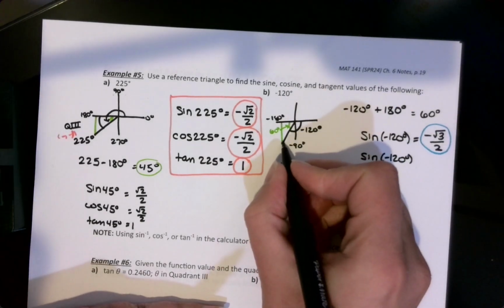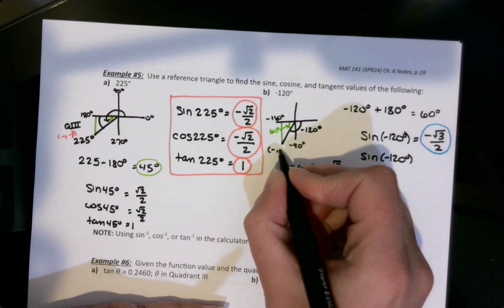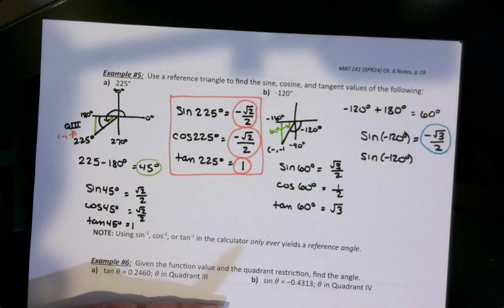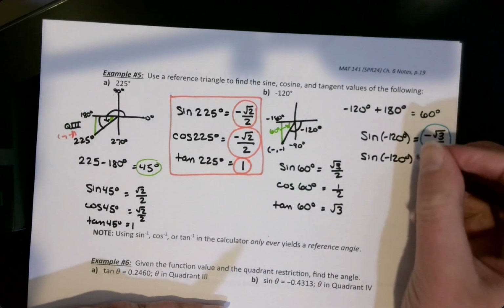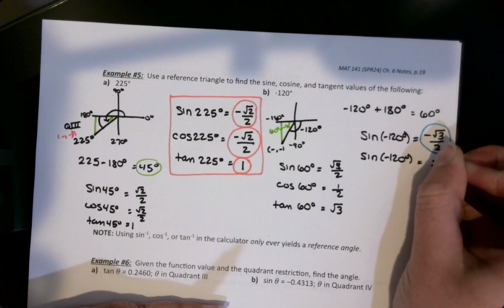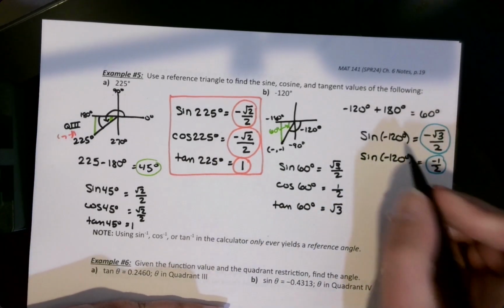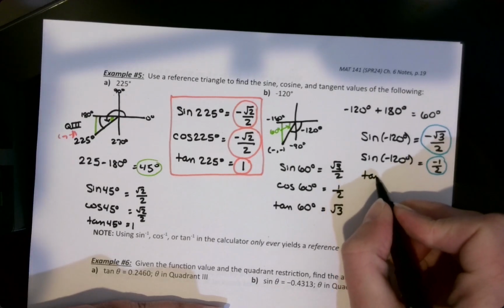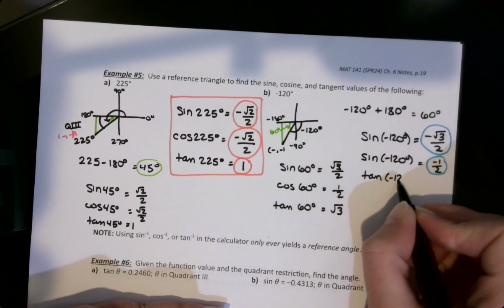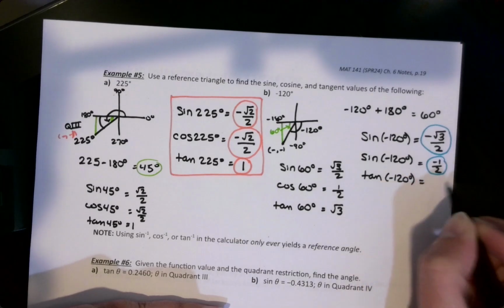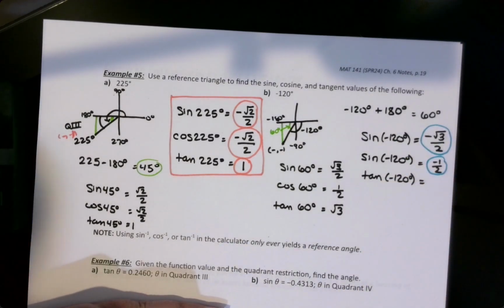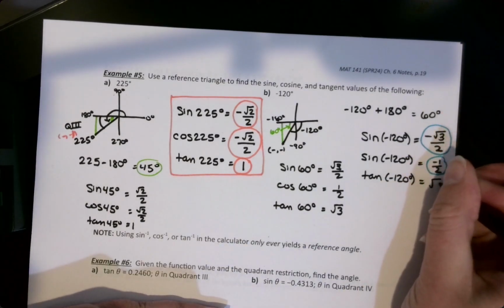Okay, again, remember that for this point, the x-coordinate and y-coordinate are both negative. So it's going to be negative 1/2. And tangent of negative 120 degrees will be 2 negatives divided into a positive, so positive square root of 3.